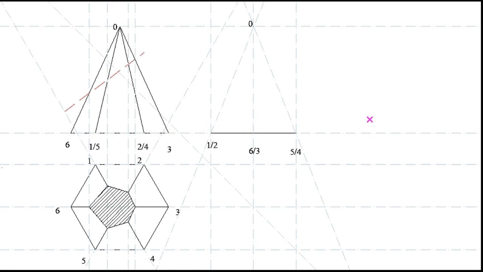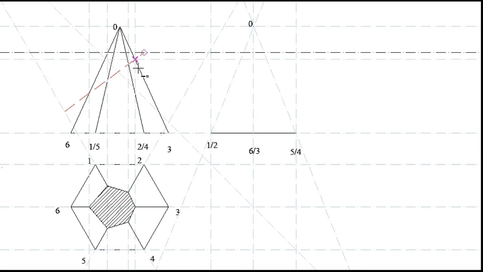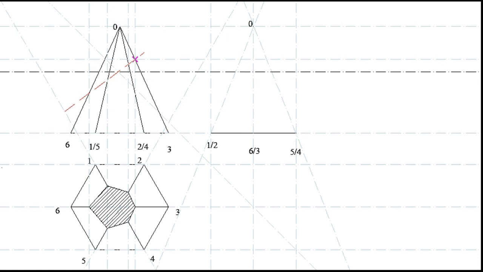Now I have to project the construction lines of the cutting plane from this view to the other view, to show how it will look when this cutting plane AA is applied. So I will draw a construction line which affects point 3, which is this one.